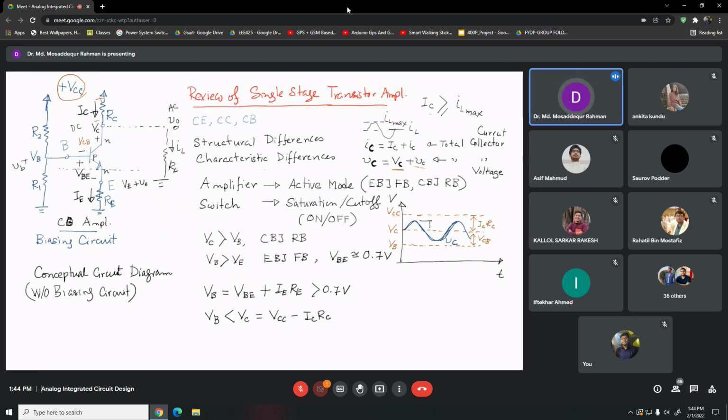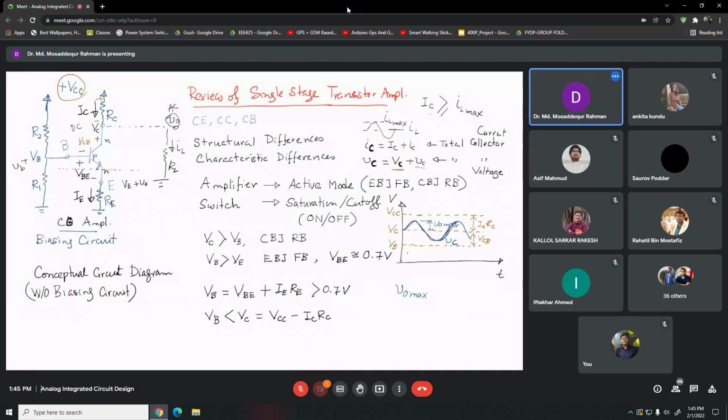And this difference is our maximum value, the peak value of the output voltage. One thing is obvious from this diagram: your Vomax, the maximum value of your load voltage, should be within this limit.